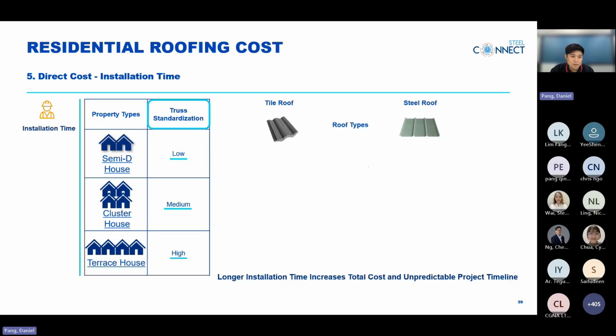But a steel roof is lighter, requires less structural support, covers a larger area per sheet, and this allows for faster installation, fewer handling steps, and also lower labor dependency. So in summary, longer installation time increases the total cost and also makes project timelines unpredictable.